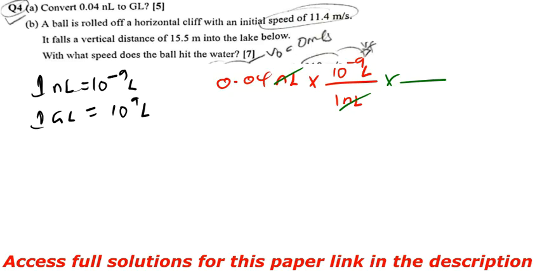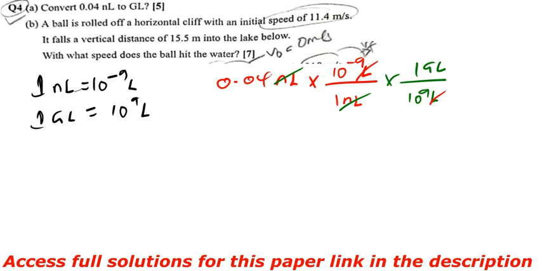We know that in 10 raised to the power 9 liters, we have got 1 gigaliter. So now liter and liter can cancel out. So I have 0.04 times 10 raised to the power negative 9. The answer I'm finding is 4.0 times 10 to the power negative 11.